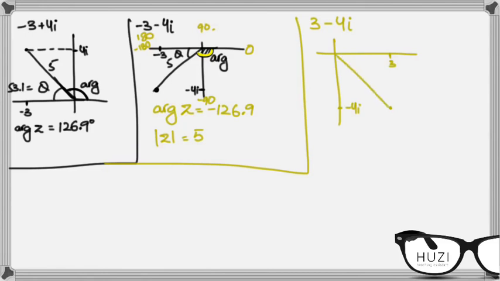Sketching the line, the modulus will remain the same, right, and it's this angle, that's theta, but it's also the argument. So the argument of 3 minus 4i will simply be minus 53.1 degrees.